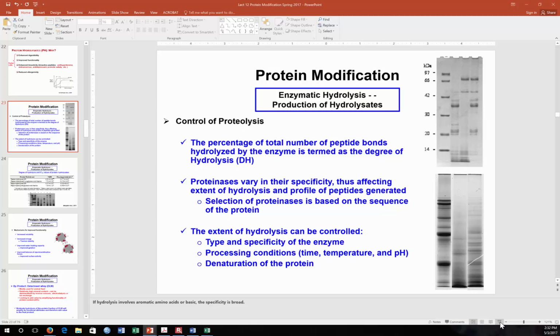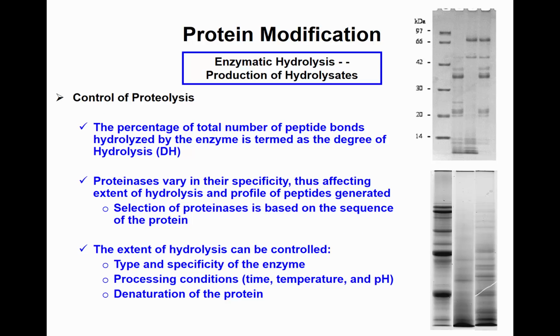So we stopped when we were talking about the different enzymatic hydrolysis and how it would impact the profile of the peptides generated, and therefore the functionality and bioactivity. We can control hydrolysis in multiple ways.